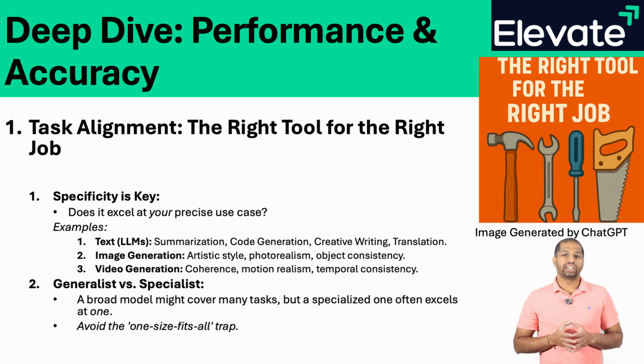The key here is to avoid the one size fits all trap. While a generalist model might handle many tasks adequately, a specialist model designed or fine tuned for a particular domain, be it text, image, or video, will almost always deliver superior performance for that specific task. Understanding your task's unique demands is the first step to picking the right AI brain.